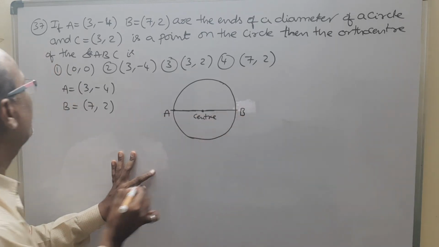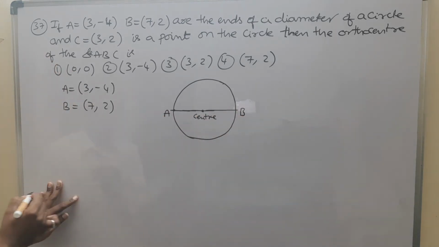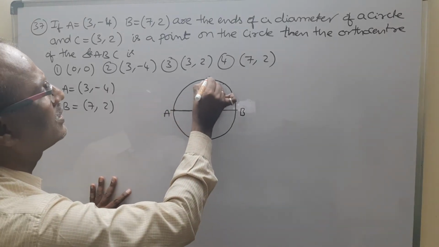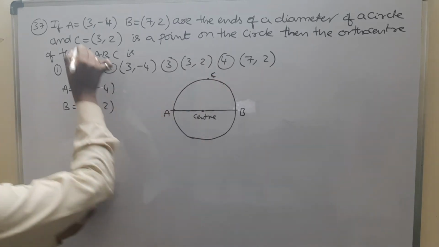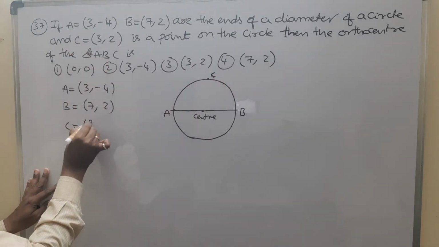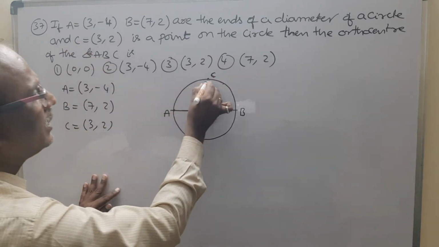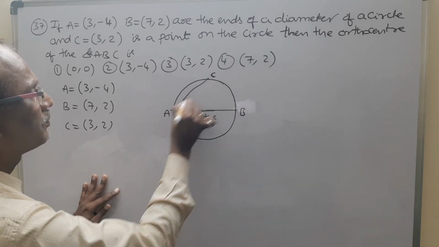AB is the diameter, with end points given in the question. And C is a point on the circle, with vertices given as C equal to (3, 2).